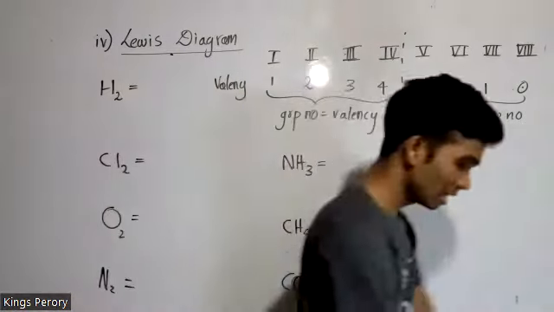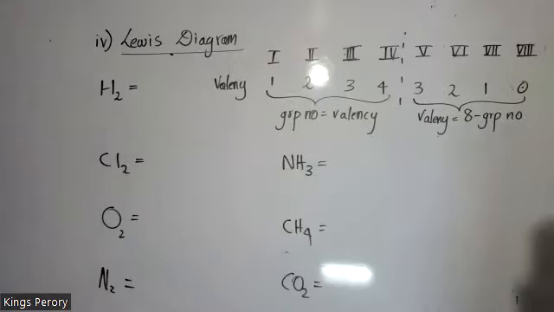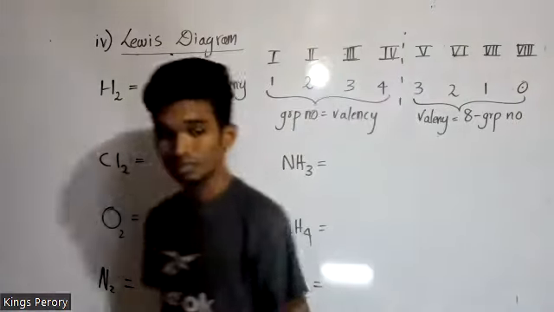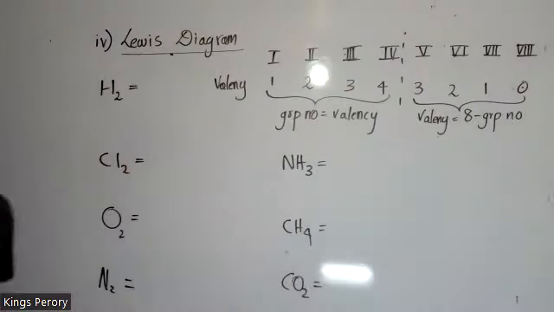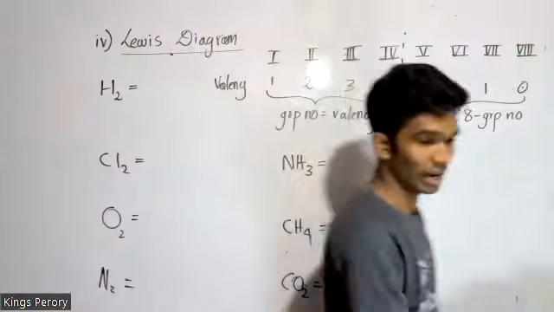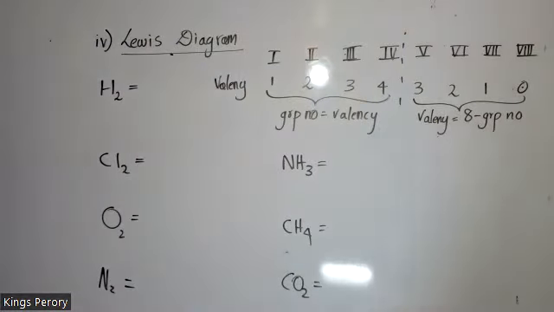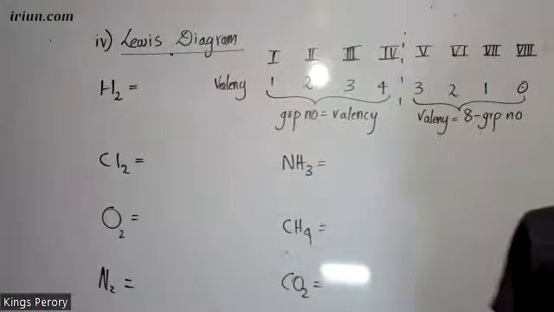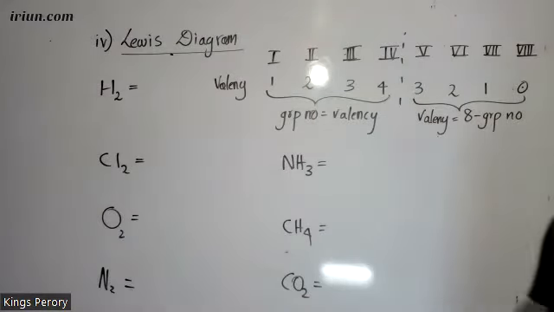Then you all tell me, what is the valency of sodium? Sodium means group 1. Now that you should know. Periodic table you need to memorize. What is the valency of sodium? Very good. Valency 1. What is the valency of aluminium?